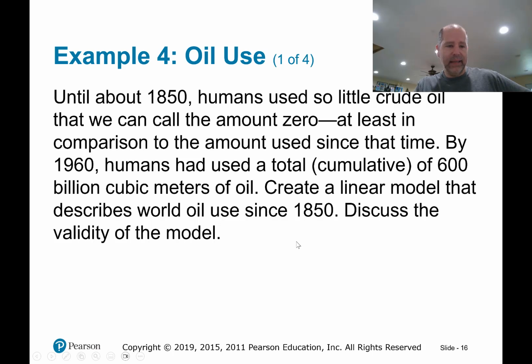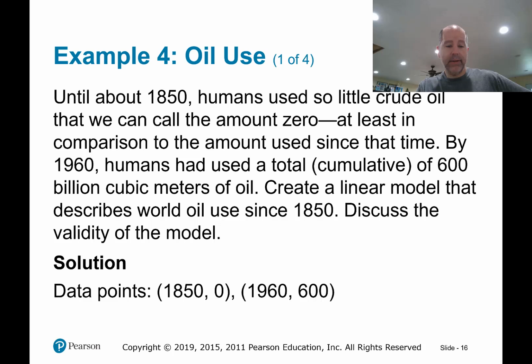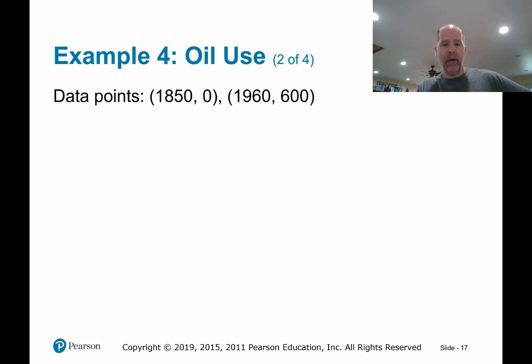So then in 1960, we have 600 billion cubic meters of oil that had been used. So here are the data points. In 1850, we had zero. In 1960, we had 600 billion. So the magnitude is in billions of cubic meters. Now we're going to use these two data points to find our slope.